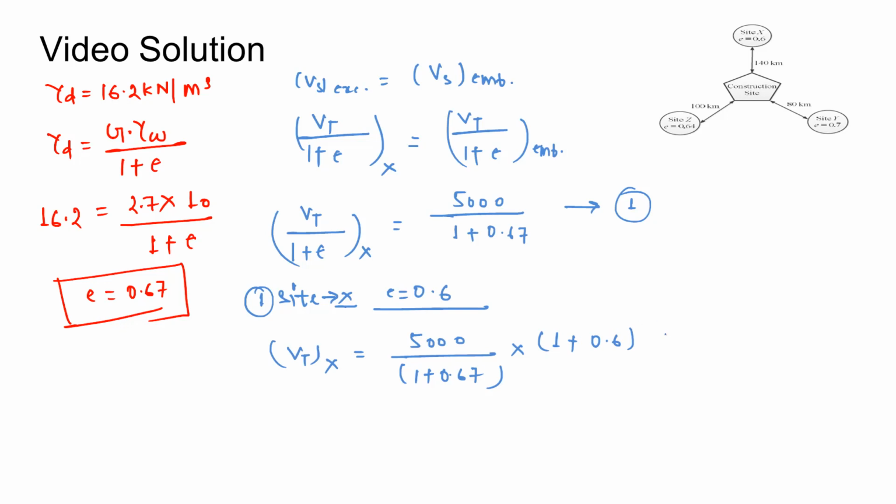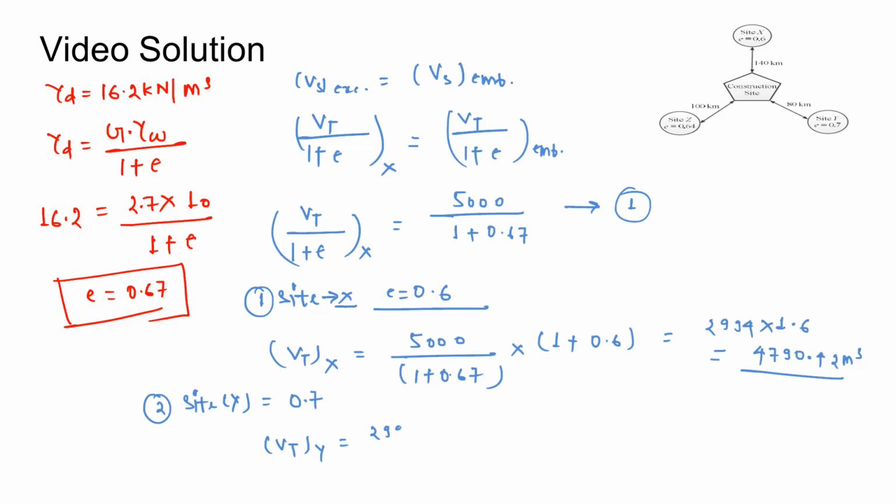Solving this, it is 2994 into 1.6, which becomes 4790.42 meter cube. That is the total volume of soil at site X. Now like that, we can solve for site Y. For site Y, the void ratio is 0.7. So the total volume of soil from site Y will be 2994 into 1 plus 0.7. Solving it, we get 5089.8 meter cube.